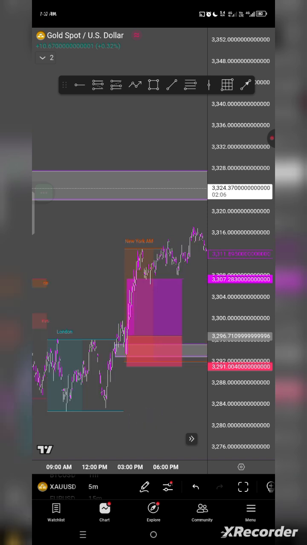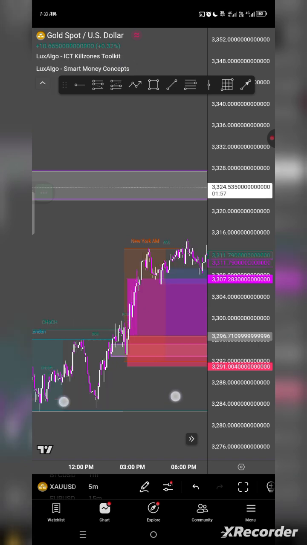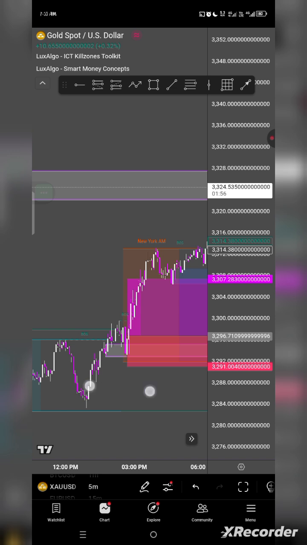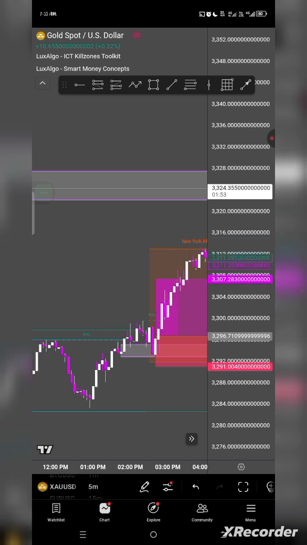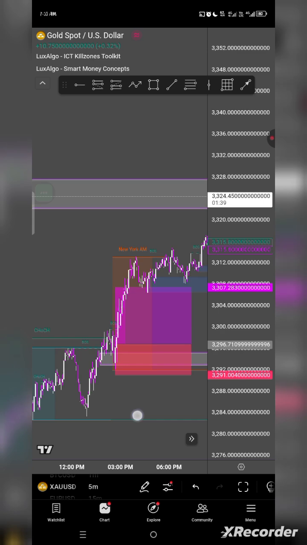But it does not work all the time. It's one of my strategies that I'm still back testing. You can see we had a BOS. So it's clear now. I just looked for the candle that made that break of structure, that's what I marked out, and I took it to the upside, and that was it.